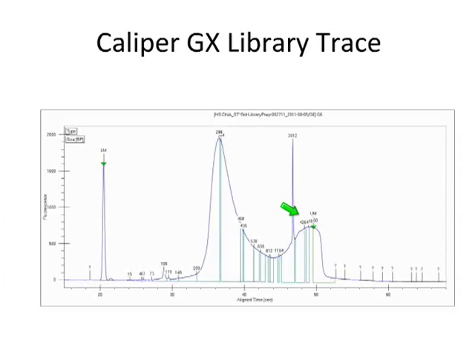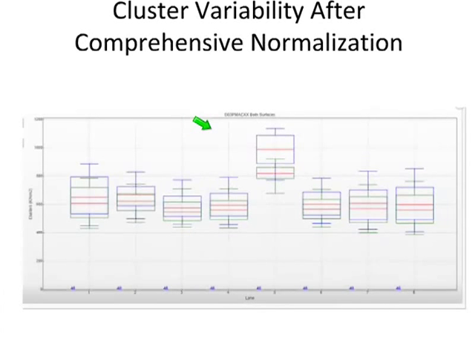So the simple solution is you use the 295 base pair peak, or you use the Caliper or bioanalyzer only as a size determinant, and then use a real-time PCR as the quantitation determinant along with a fluorescent determination of concentration, and you can begin to see a much more normalized cluster density for library performance shown here.